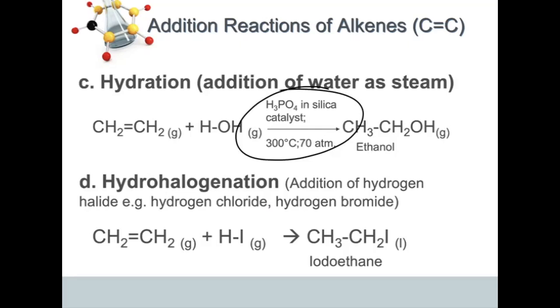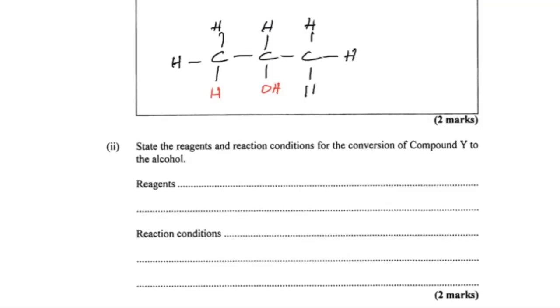So that's phosphoric acid catalyst in silica and 300 degrees Celsius, 70 atmospheres. So the reagents would be H3PO4 in silica, condition 300 degrees Celsius and 70 atmospheres. 1 mark each.